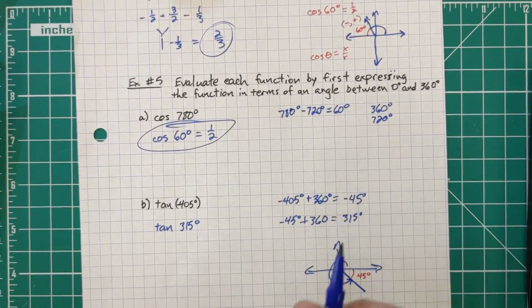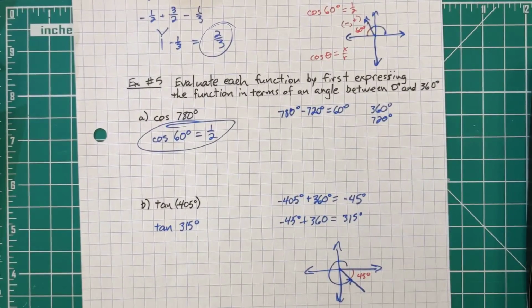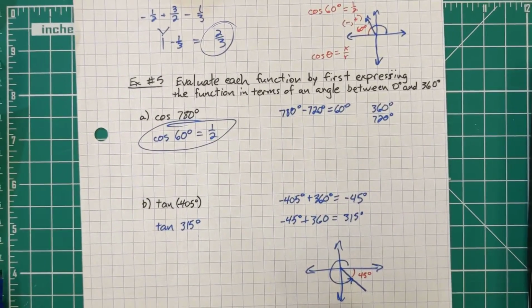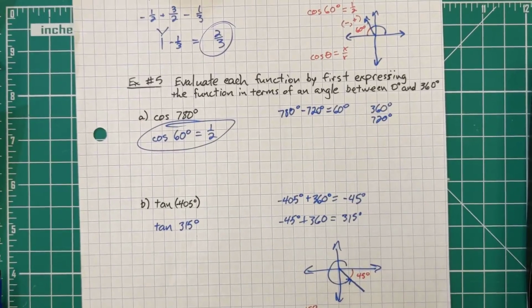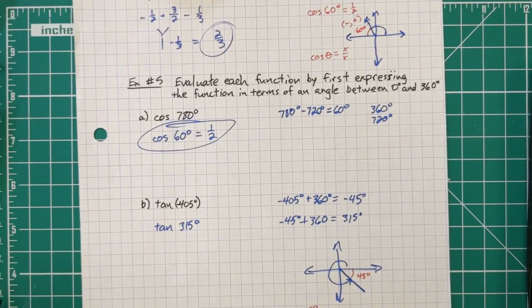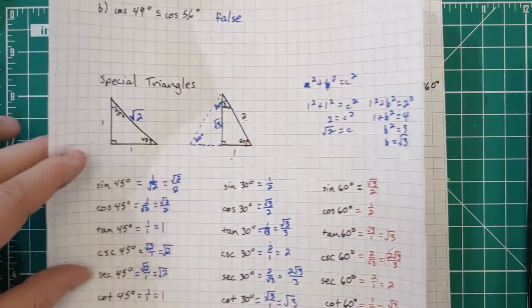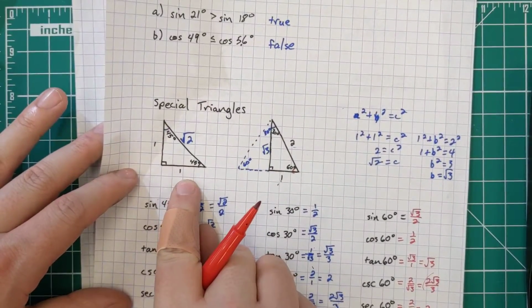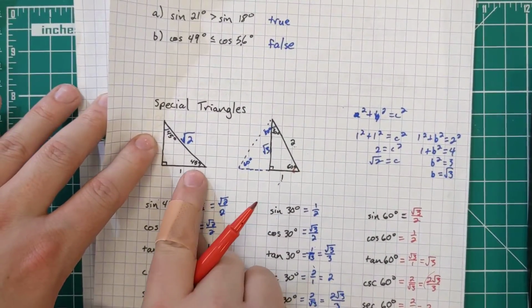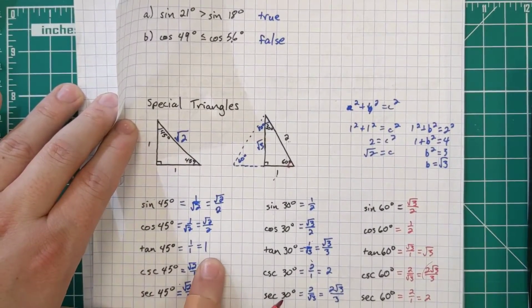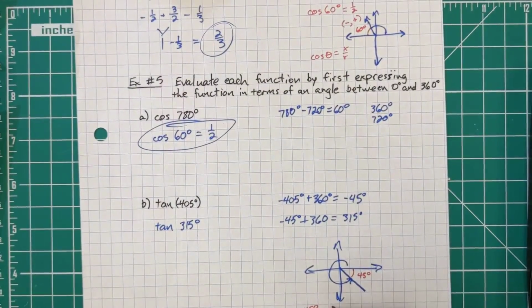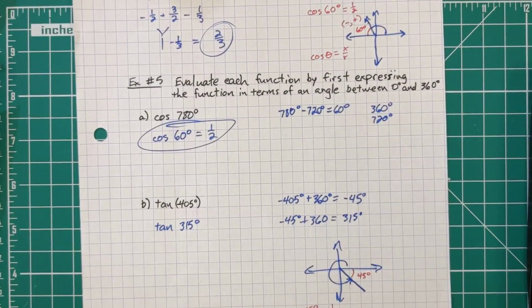So it's a reference angle. So I want to figure out, well, what is tangent of 45 degrees? Well, you remember 45, 45, 90, 1, 1, square root of 2, tangent, opposite over adjacent, 1 over 1, which is 1. So tangent of 45 degrees is 1.